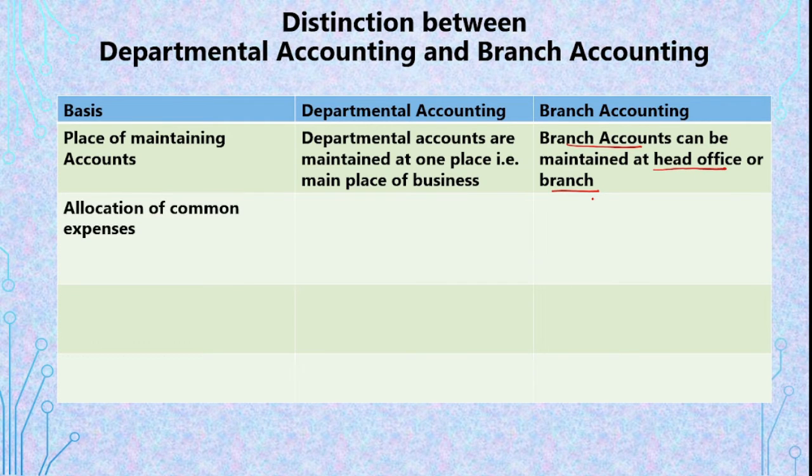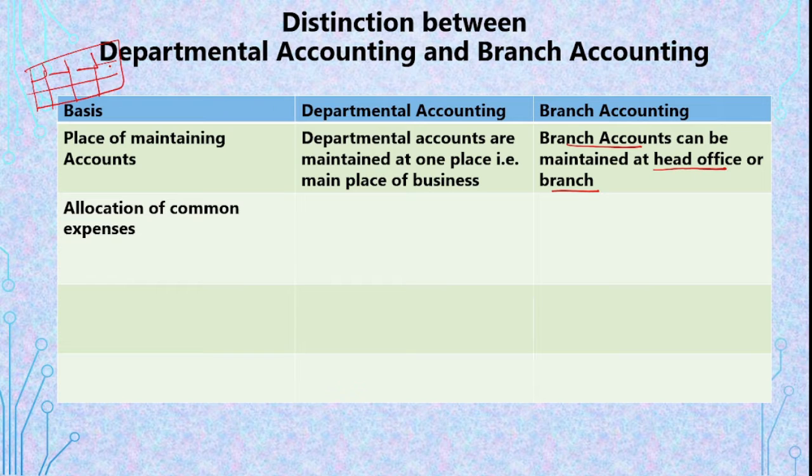Second difference is allocation of common expenses. Now when you have a business running at one place, then you have common expenses. Like look at Big Bazaar. Now Big Bazaar is having separate sections for different types of products.